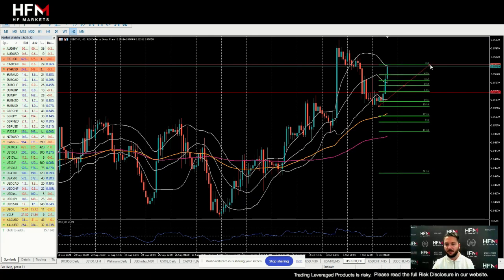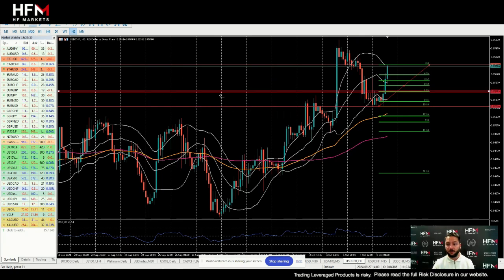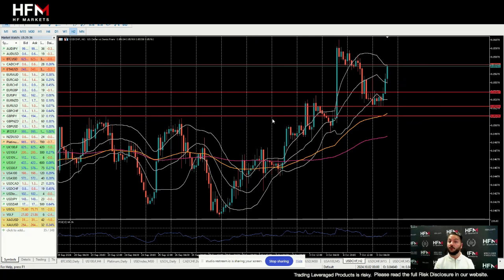For the alternative, we can look at the 100 level, which is basically the support level, as a target, or look at the 123.6 level, which is this area here. So that's also an alternative to take into consideration.